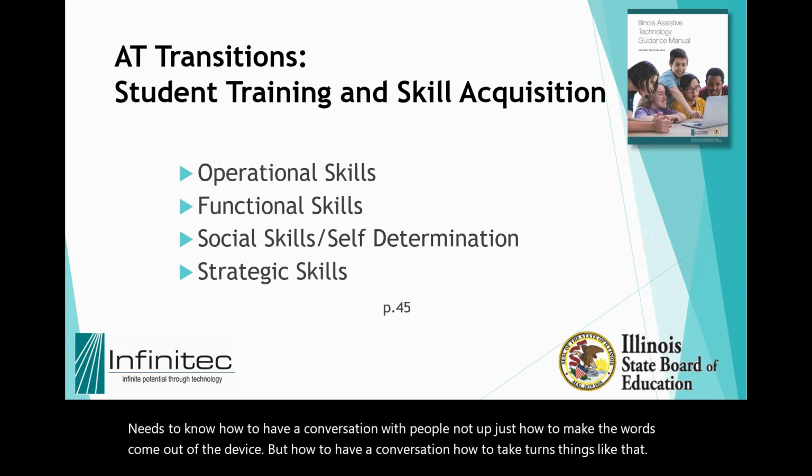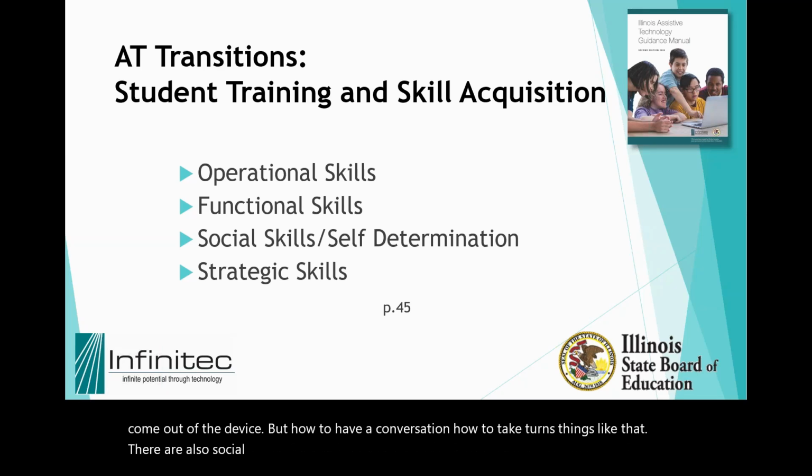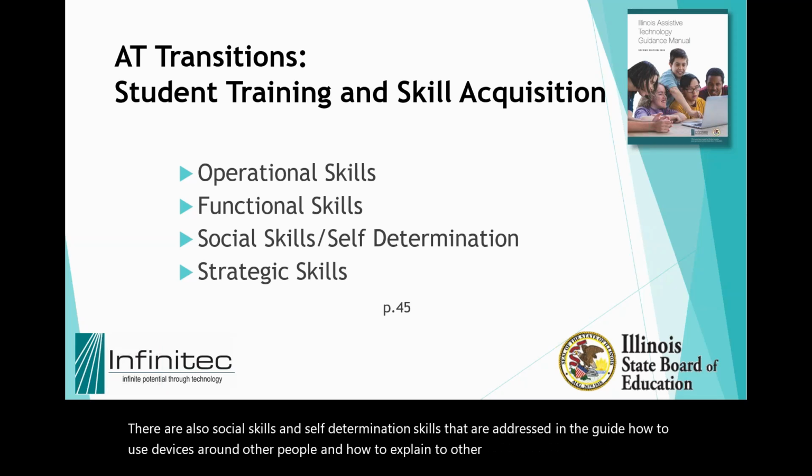There are also social skills and self-determination skills that are addressed in the guide, how to use devices around other people, and how to explain to other people what this device does for you and why you use it.